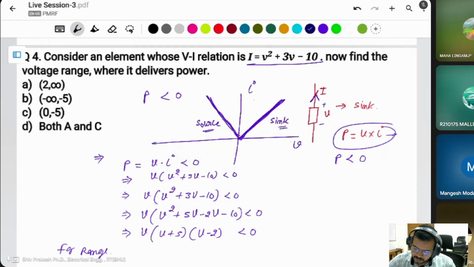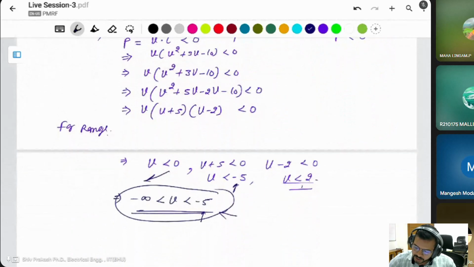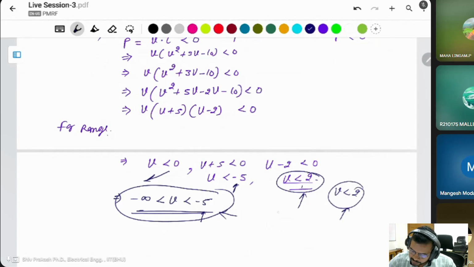Shouldn't we choose the higher limit? For limits we take the lowest limit and highest limit, no, sir? Yes, but if there is a possibility in between, at some point the voltage should be less than 2. It means you will get between minus 5 to 2 also you can put there.